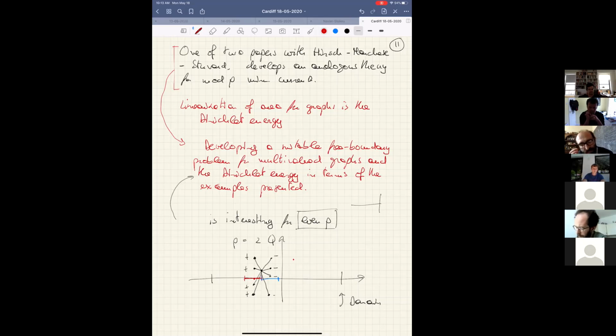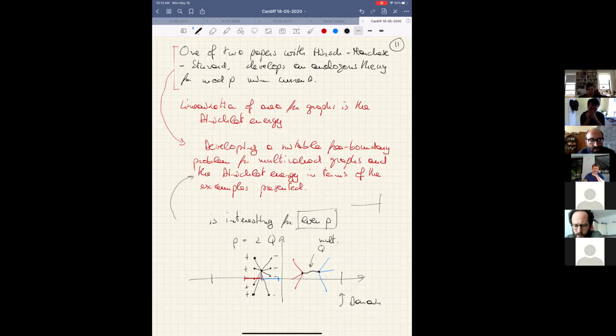So there's a red face here, a blue face here, and here there's actually going to be a black face, which is going to be made by a single curve. And of course, this has to have multiplicity Q. What you're worried about is the boundary between the three faces.